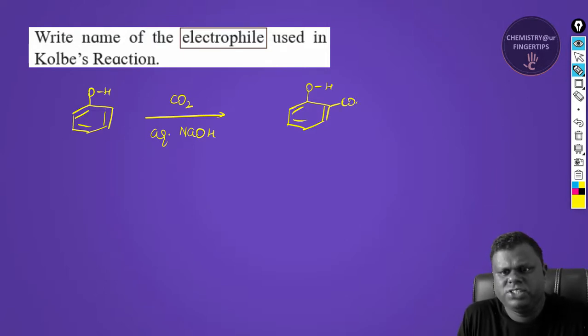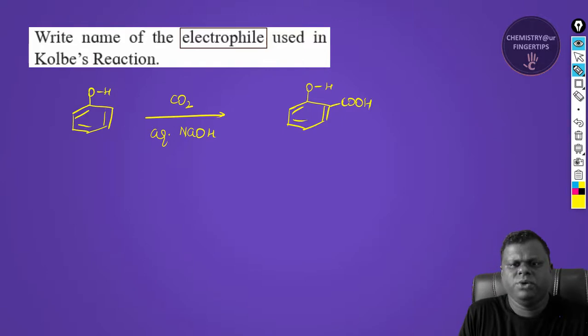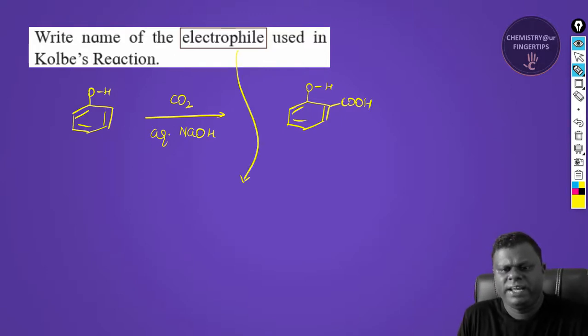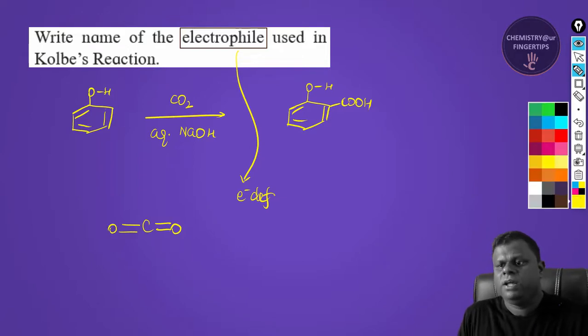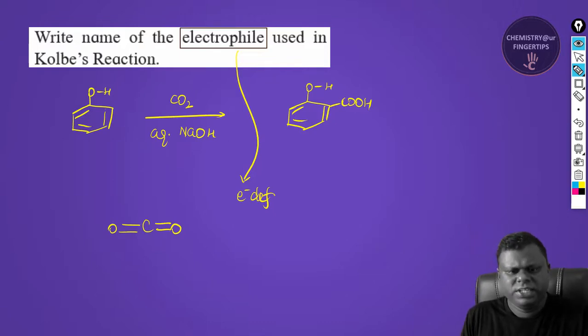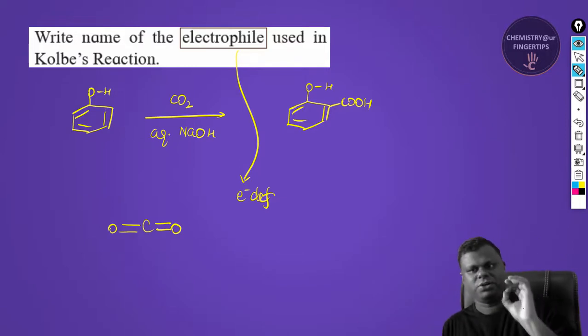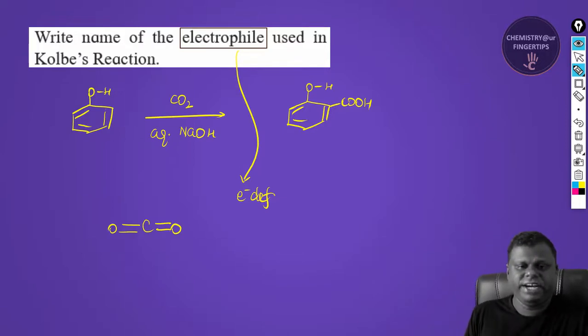Now, which is the electrophile? We already know an electrophile is an electron deficient species. When you talk about carbon dioxide over here, carbon is less electronegative than oxygen.